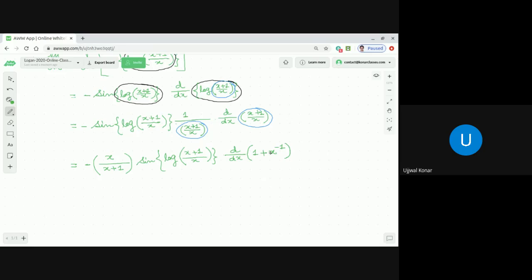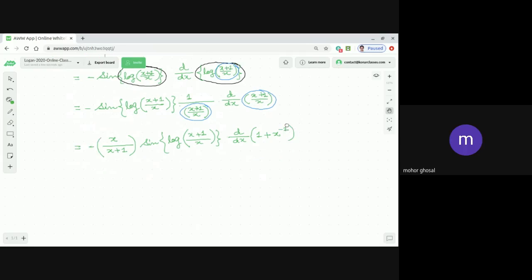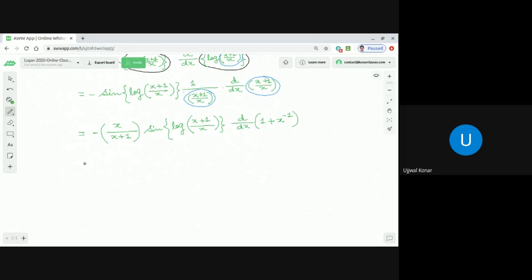Anyone has any simplest doubt so far? No. Okay, then it is minus of x by x plus 1 into sine of log of x plus 1 by x, into ddx of 1 is 0 and ddx of minus x is minus 1 into x to the power minus 2.